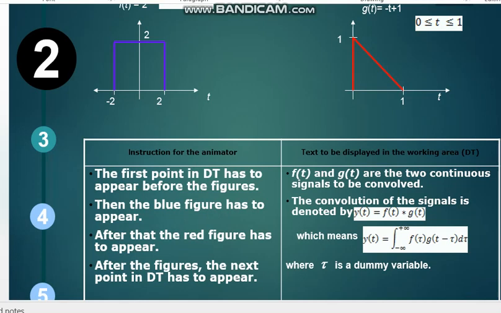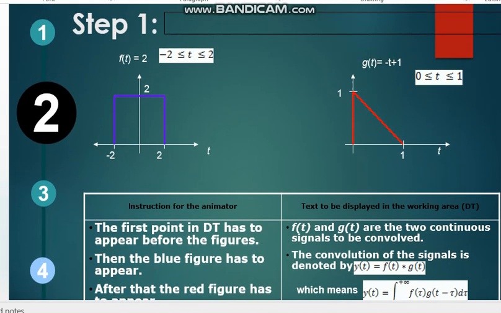First of all, we have to see the mathematical functions of these signals. f(t) equals 2 for t from minus 2 to 2, so 2 is the main value of the signal. And g(t) equals minus t plus 1, which gives this ramp function, bounded for t from 0 to 1. If you put 0 here, you get 1.